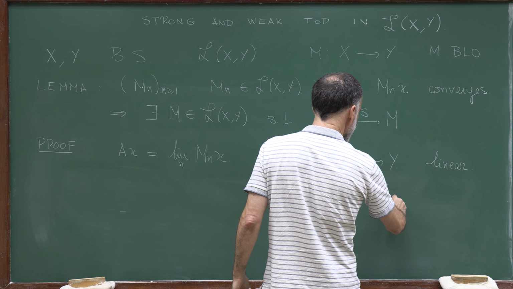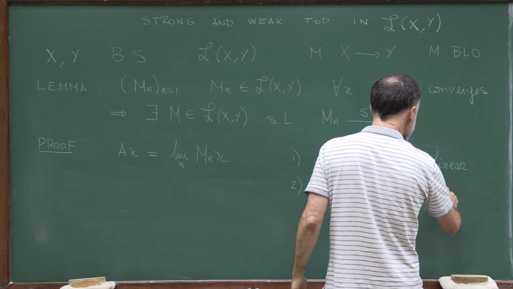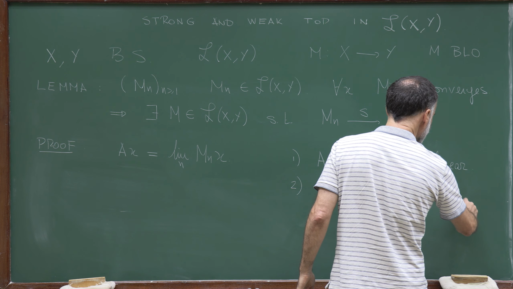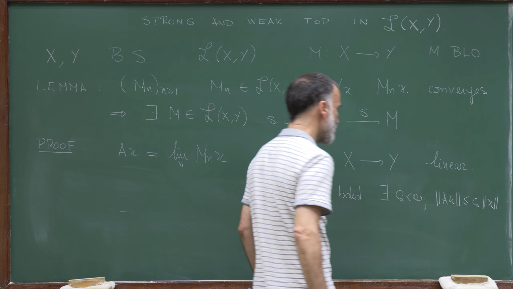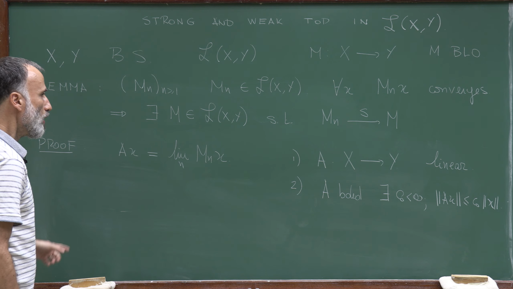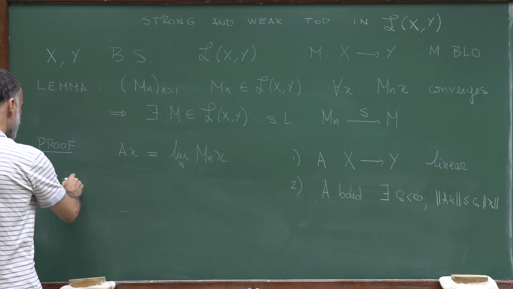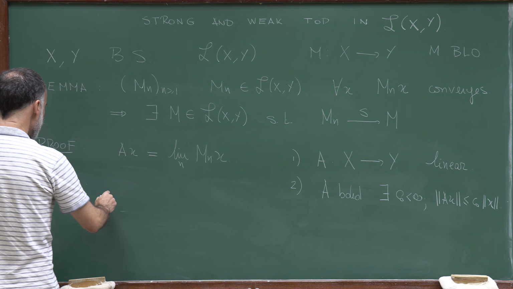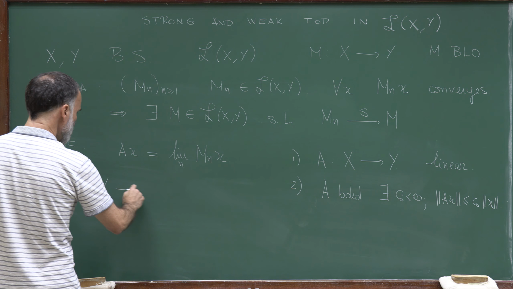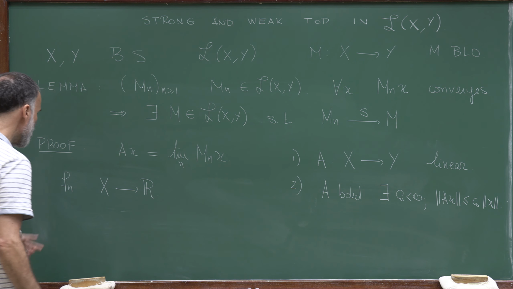So I want to prove that there exists a finite constant C0 such that the norm of Ax is bounded by C0 times the norm of x. And to prove that, let me define a continuous function, I'll prove it's continuous, Fn from X to the real numbers.